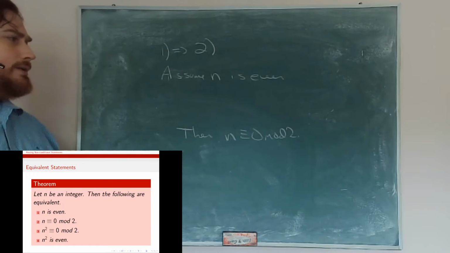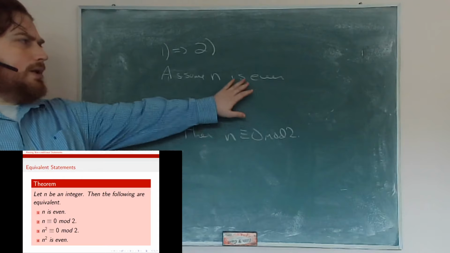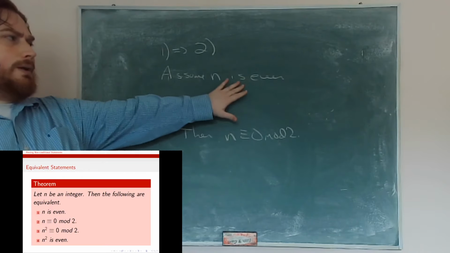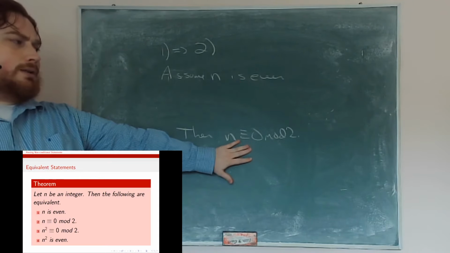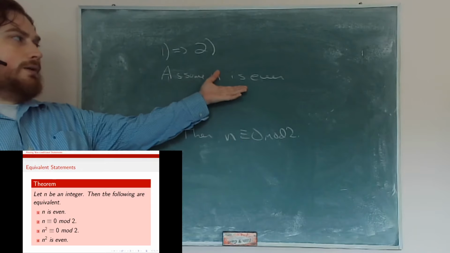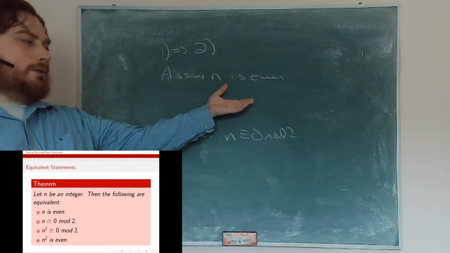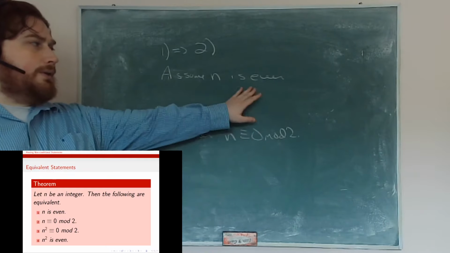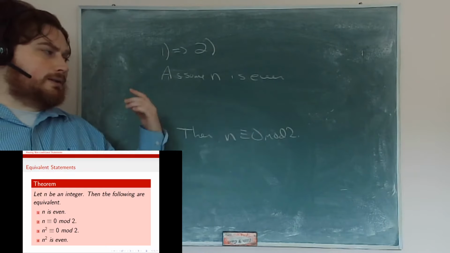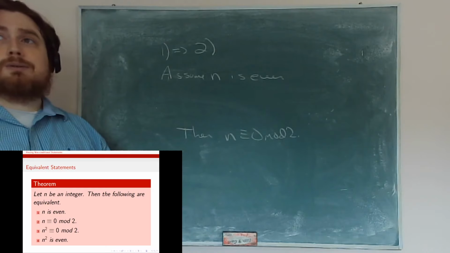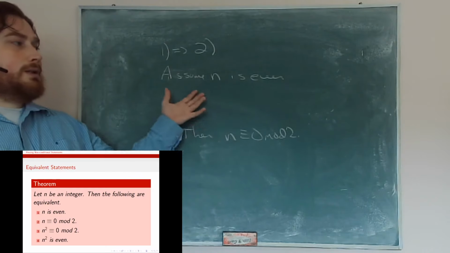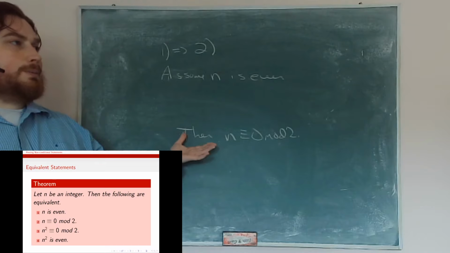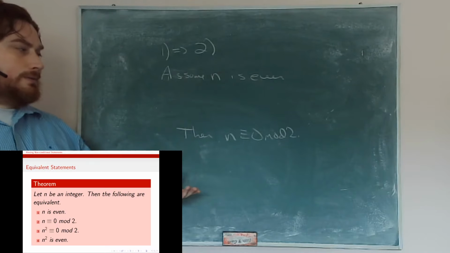I tried to make these first ones fairly easy because we've actually done this. We know that n is even is equivalent to saying n is congruent to 0 mod 2. If n is even, it's divisible by 2, therefore when I divide by 2, I get a remainder of 0. Here, because we've done this, I don't even need to write it out anymore. I'm just checking, yes, that is true.